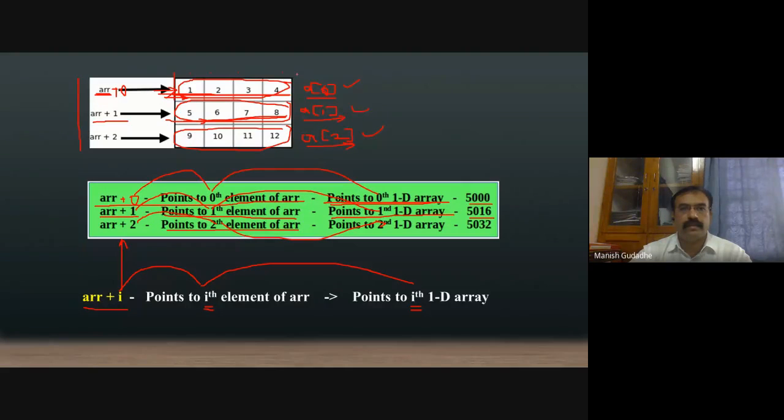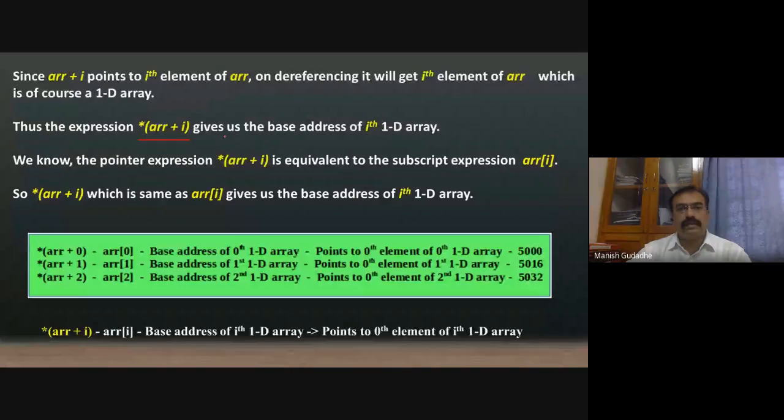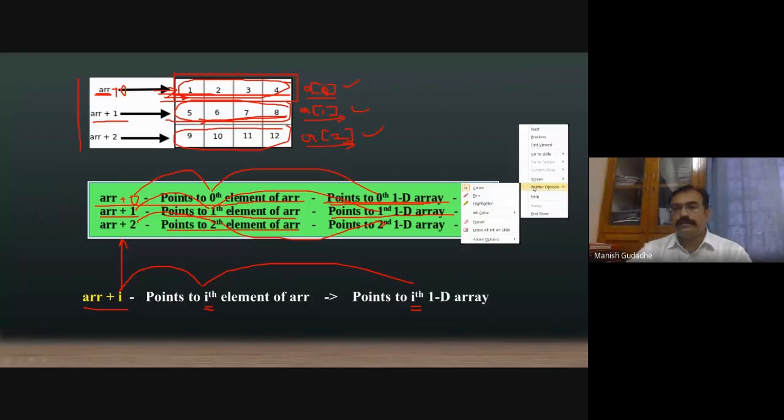The whole row is a 1D array. Row 1 is a 1D array. Thus, we can say that pointer a plus i gives us the base address of the ith 1D array. That's what Harshali was asking.